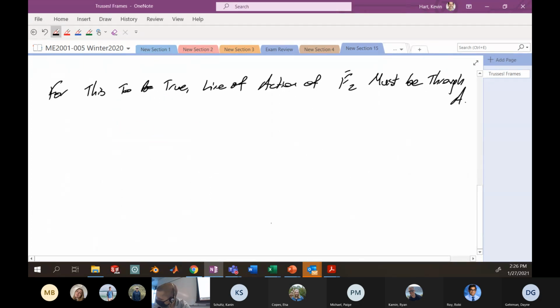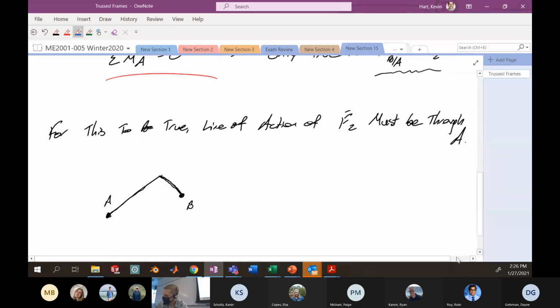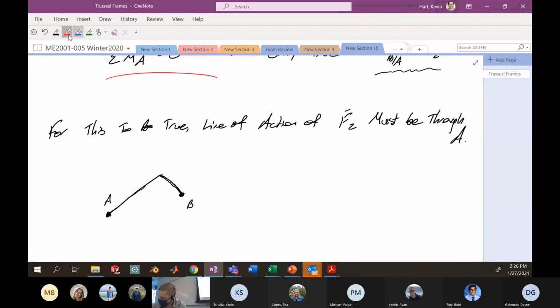So if I think about that pictorially, here's my L bracket. Here's point A. Here's point B. And again, we'll consider some force out here, F1, still acting on our piece.